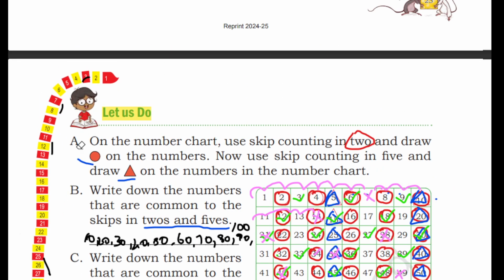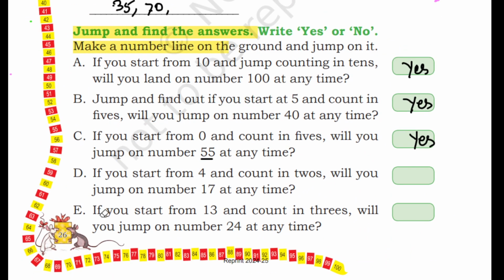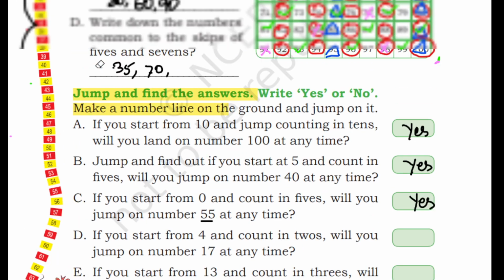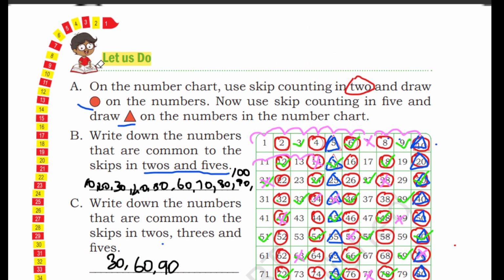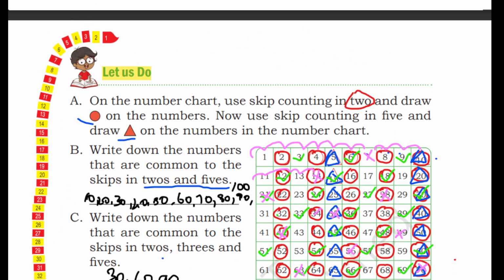Okay, now we need to jump 2 numbers, right? So the question again is, if you start from number 4 and count in twos, will you jump on number 17? So we have to start from number 4 here and do 2 jumps.